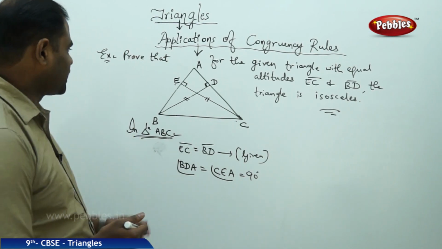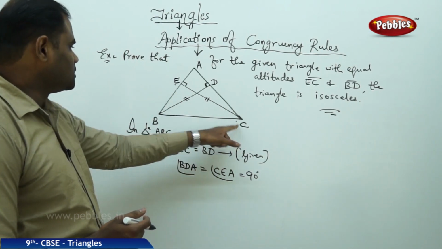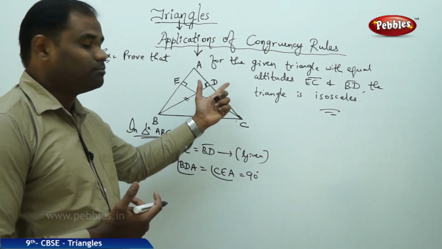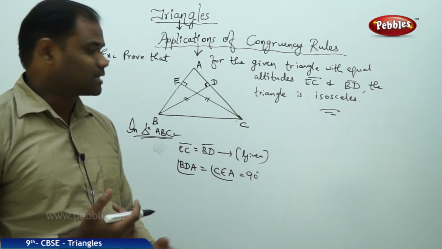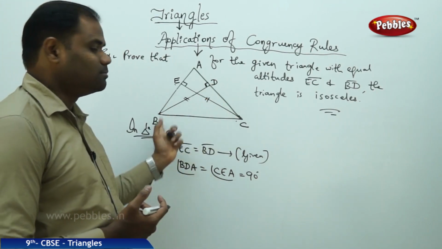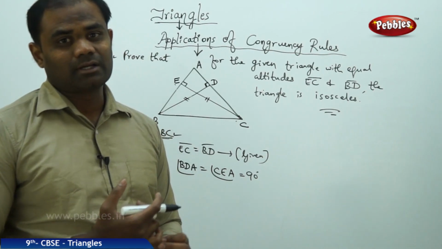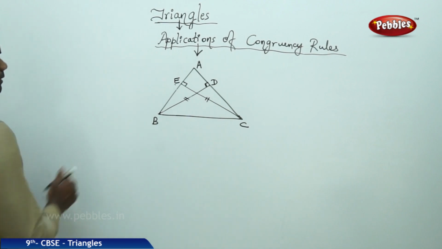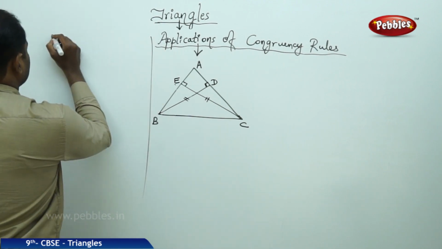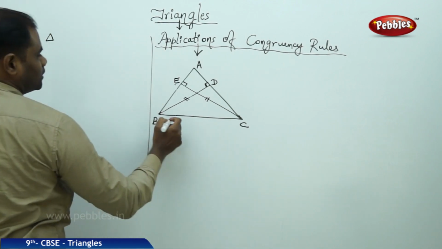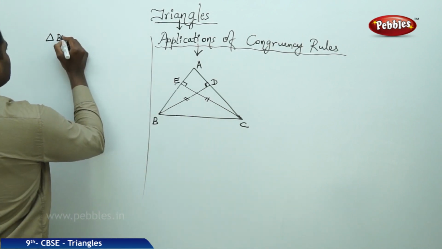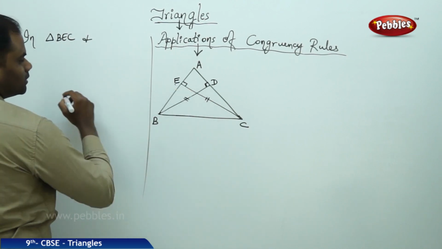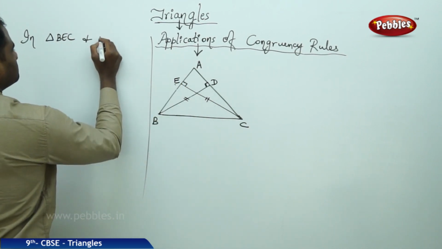Now let me take the two triangles BEC and CDB and prove that they are congruent. Let's consider triangle BEC and triangle BDC and prove that the two triangles are congruent to each other.